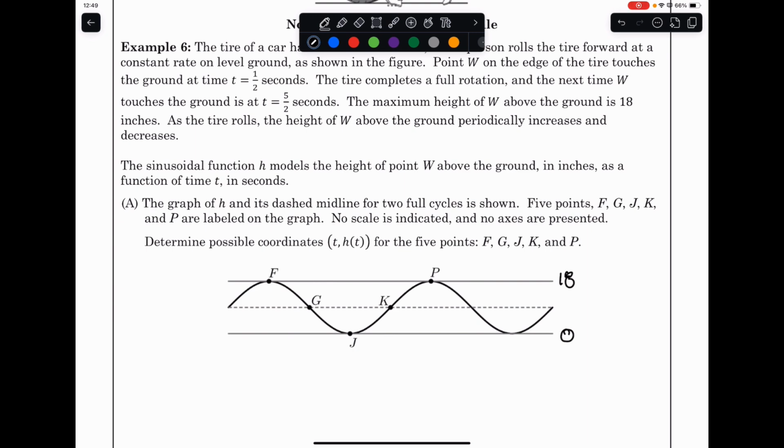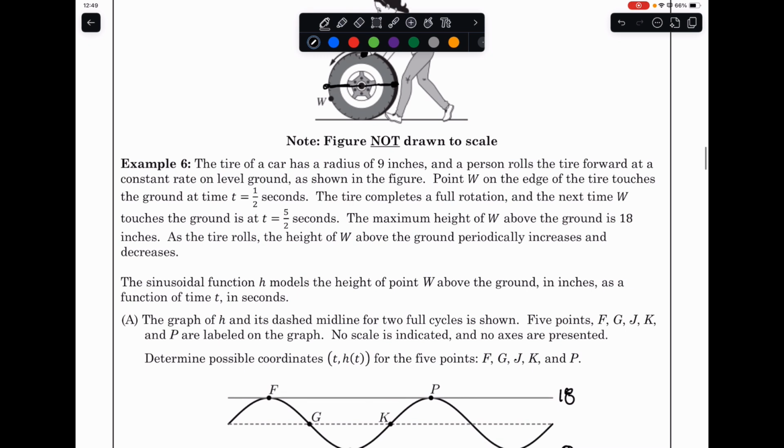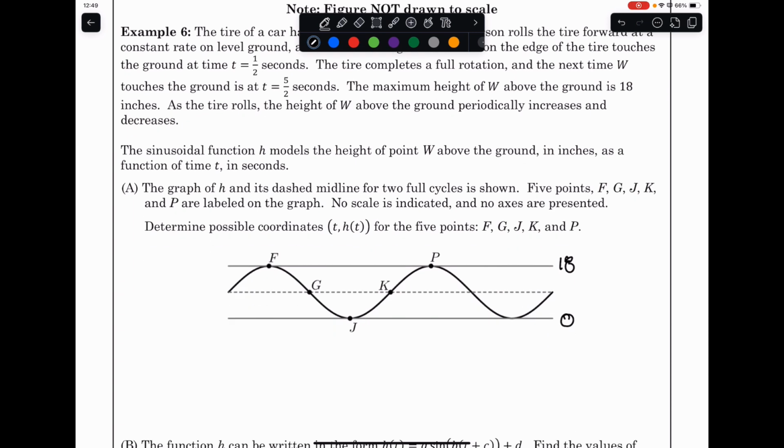And the height of W when it's in the middle, at the person's knee here, is going to be midway between the bottom and the top. And the middle of 18 and 0 equals 9. So those are the Y values for F, G, J, K, and P respectively.